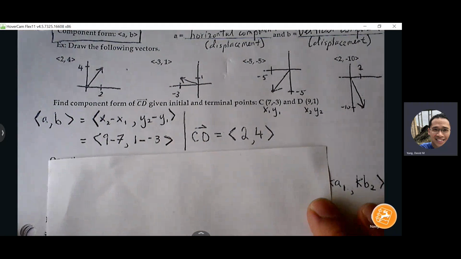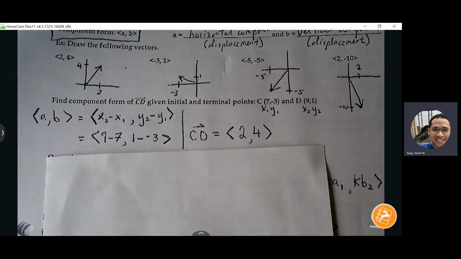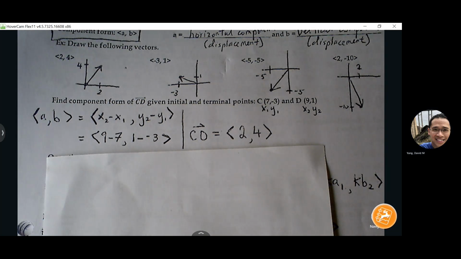So anytime I am given a starting point and an ending point, I can do x2 minus x1. That's going to tell me how far I'm going to travel horizontally. And then y2 minus y1, that's going to tell me how far up and in which direction.